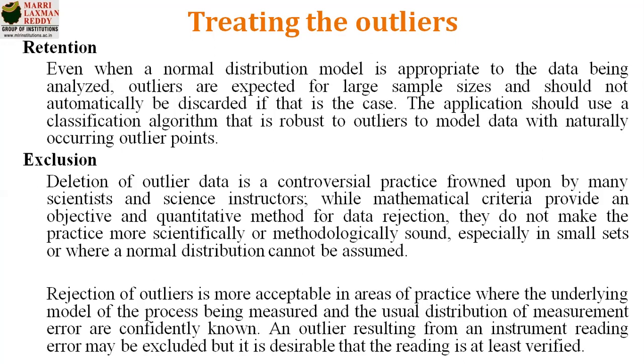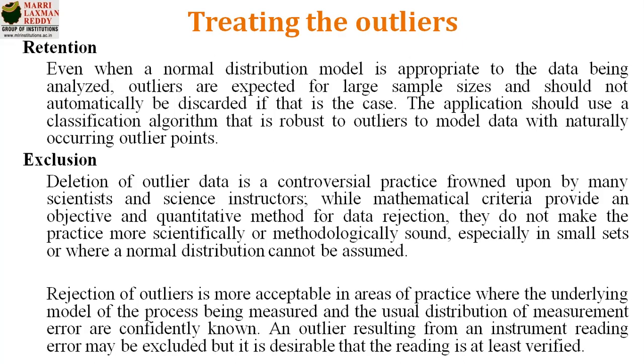So rejection of outliers is more acceptable in areas of practice where the underlying model of the process being measured, and the usual distribution of measurement errors, are confidently known. So whenever data points are confidently understood to be not useful, only then are you going to exclude that value. And whichever values are not useful, you treat them as outliers, and we can exclude them.